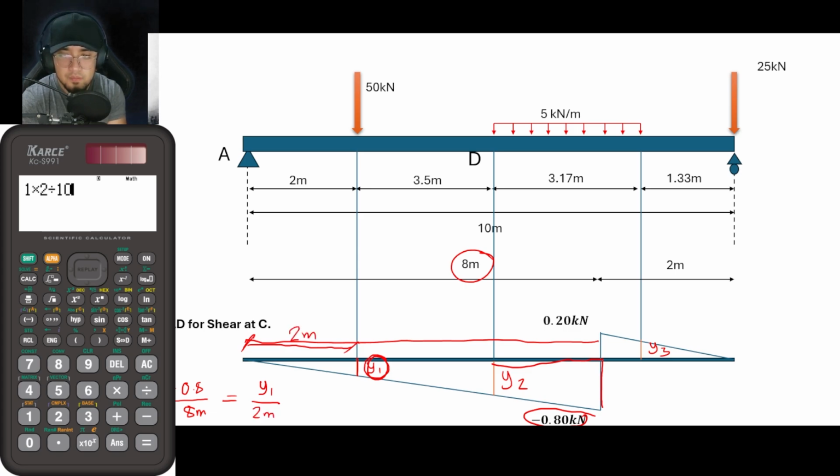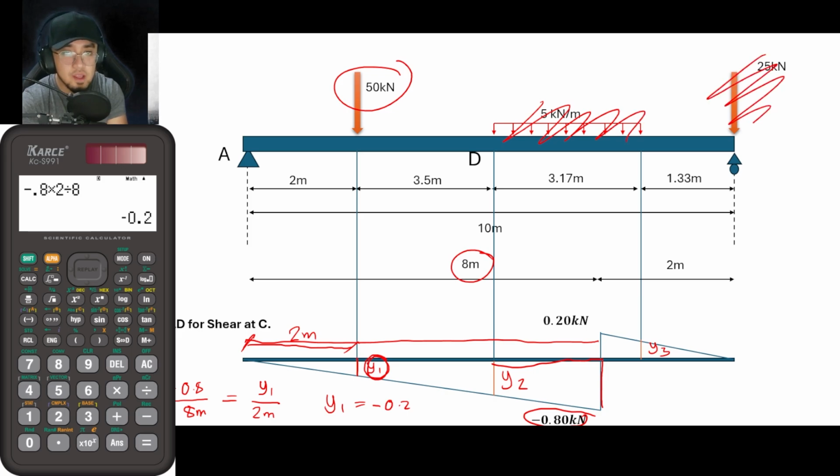So solving for the value of y1, by our calculator, negative 0.8 times 2 divided by 8. So the value of y1 is equal to negative 0.2. Okay? So meaning, if we only have this load here, and we do not have these other loads, the shear at C should have been just 50 times negative 0.2.